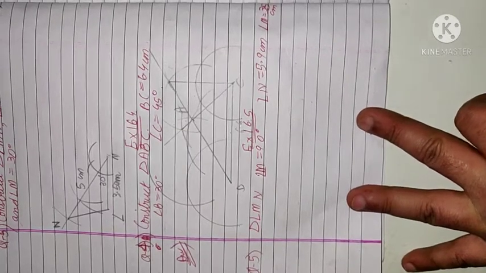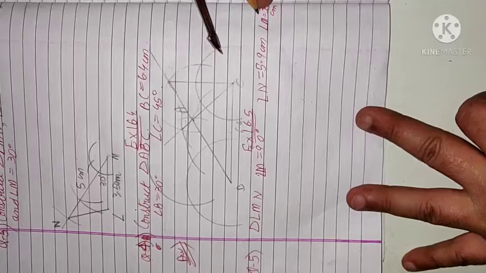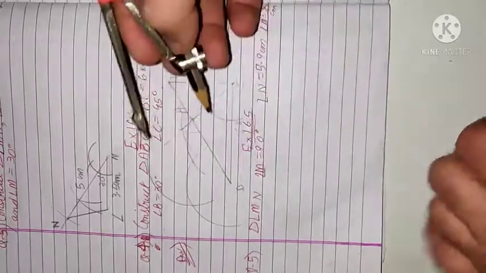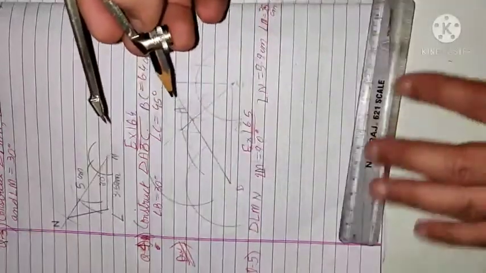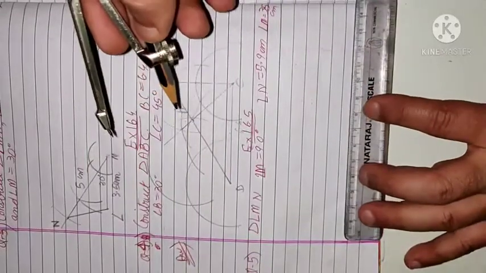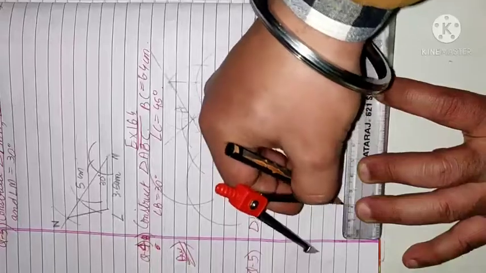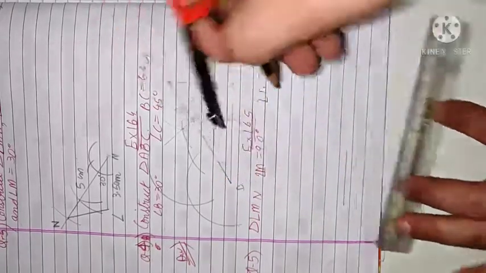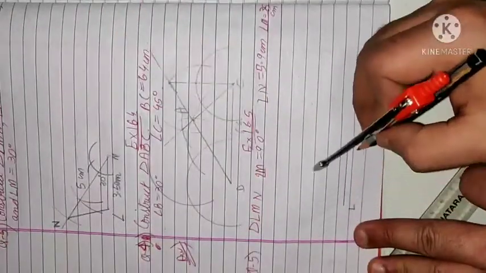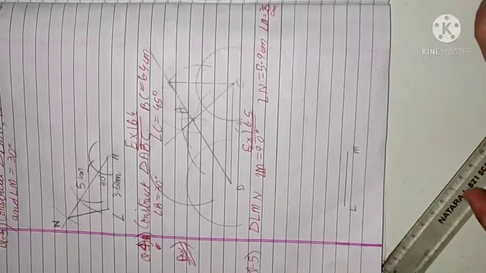So we will construct LN here so that we can get a point M on this line, and we can construct 90 degrees at that angle M. Okay, so here it is 3.5. So this is our LM, which is right angled at M.